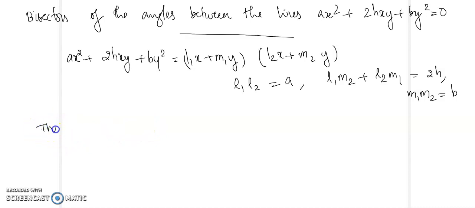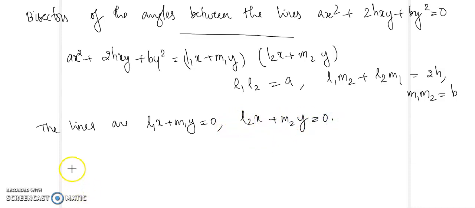So the pair of lines are L1x plus M1y equal to 0 and L2x plus M2y equal to 0. Now we have a pair of straight lines, and there is a line that divides the pair of straight lines.